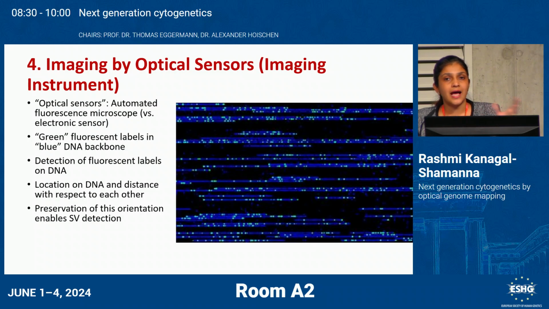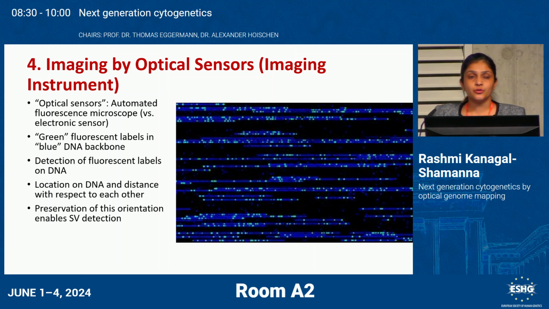As the DNA goes through, that's where the optical part of optical genome mapping comes into the picture. There are these automated fluorescent microscopes or sensors that take a snapshot, or image, of these DNA molecules with the labels as they are passing through.